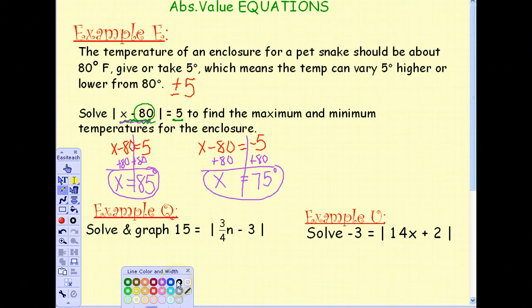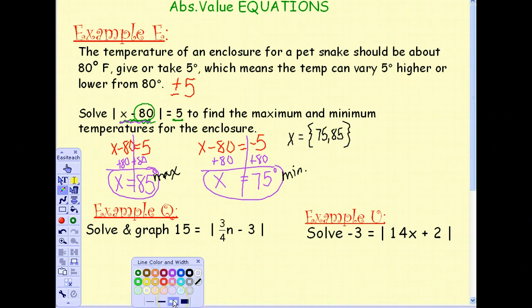So 85 degrees is our maximum temperature and 75 degrees is our minimum temperature. We'll write these answers in our set notation. Okay, so our set notation with our brackets, 75 and 85 are our two solutions.